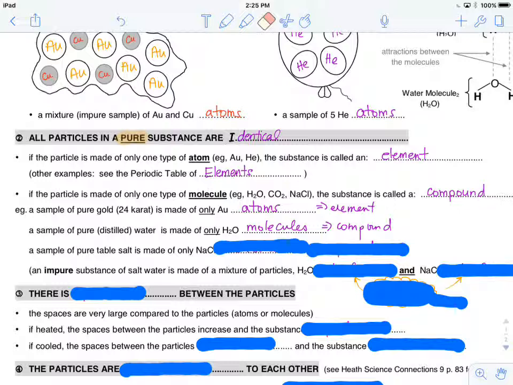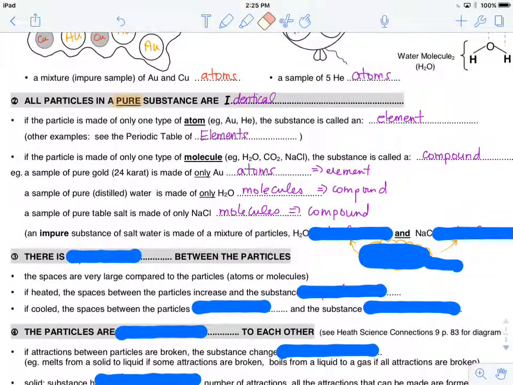But a sample of pure table salt is made up of only NaCl, sodium chloride molecules, so we would call that a compound.